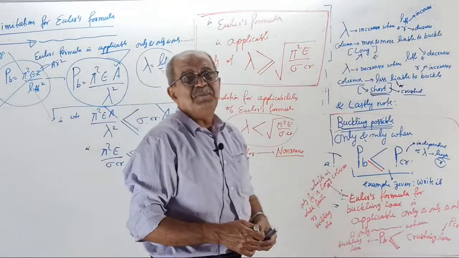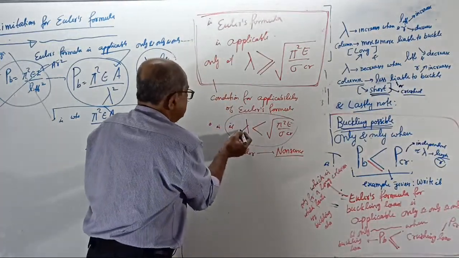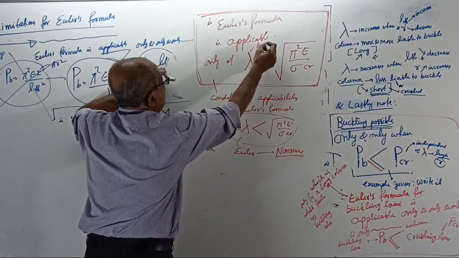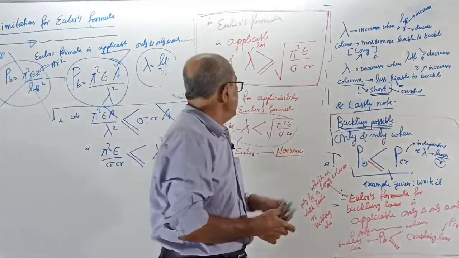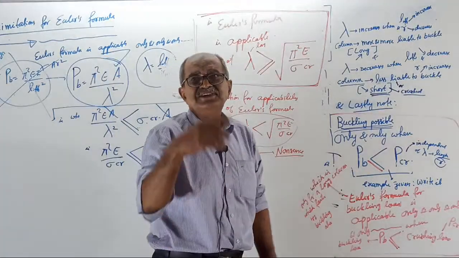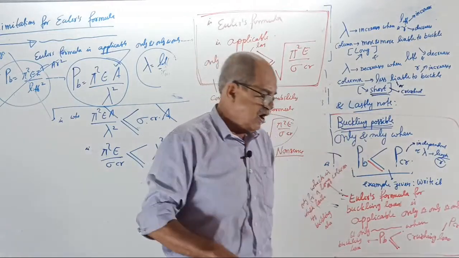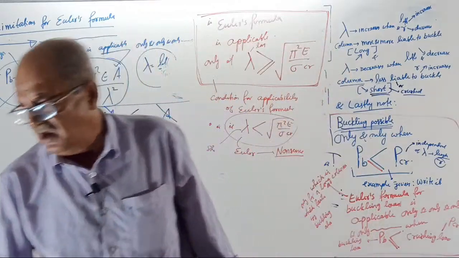If the lambda comes down, the column tends to become short. This column is long. If the column tends to become short after a limit, then crushing will take place first. Euler's formula is meaningless. Sorry, Euler, I am not telling you are nonsense.